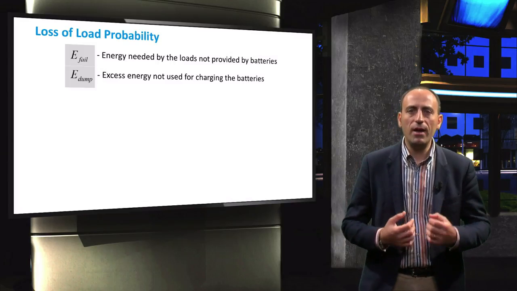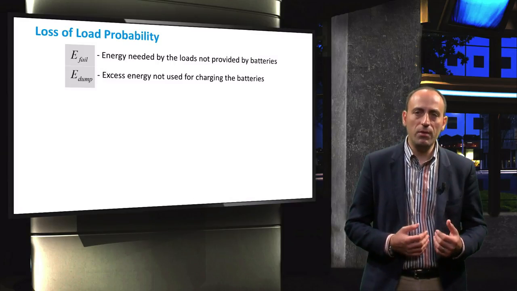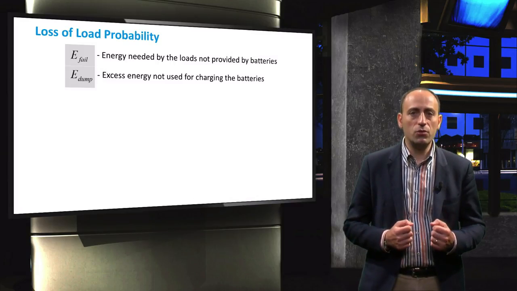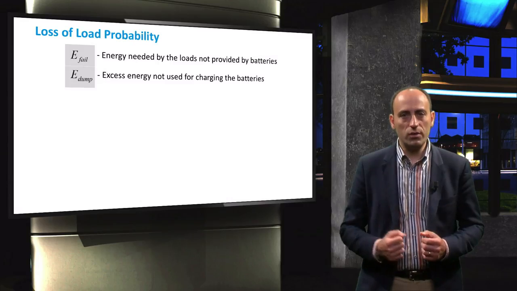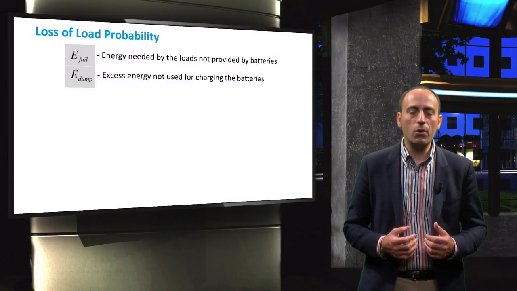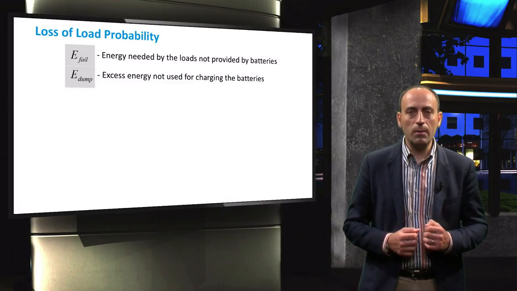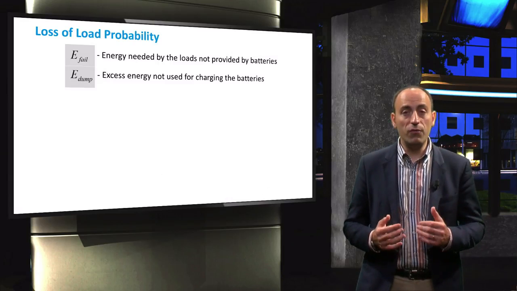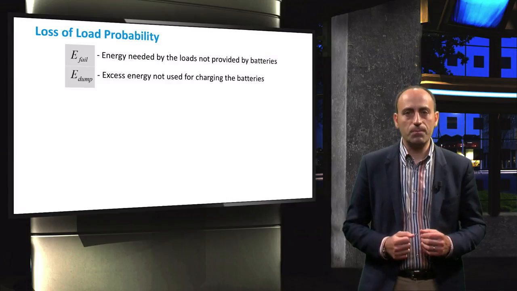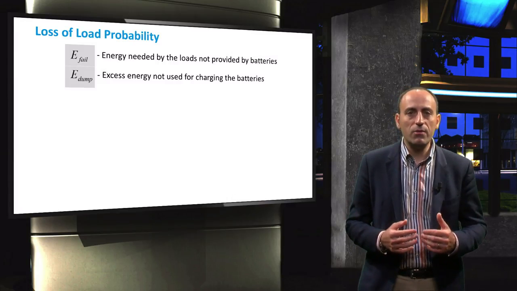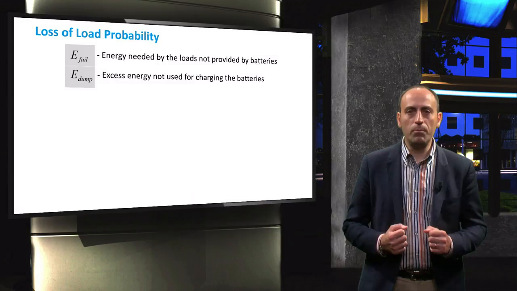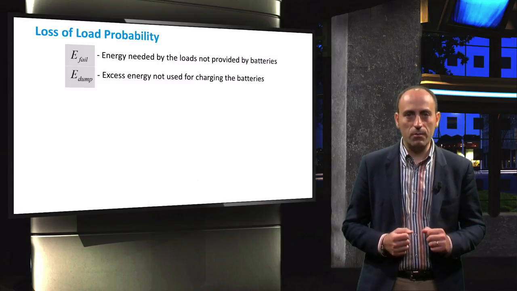E-dump is defined as the energy produced by the PV array that is neither used to power a load nor stored in the batteries. This can occur, for example, if the PV generation is greater than the load consumption and the batteries are already full after a number of sunny days. It therefore basically represents the overproduction of the PV array in your PV system.